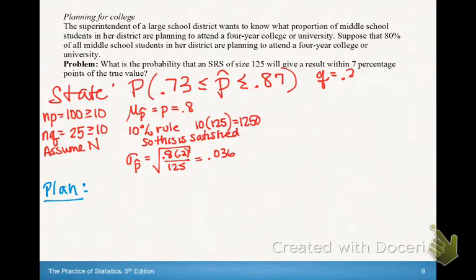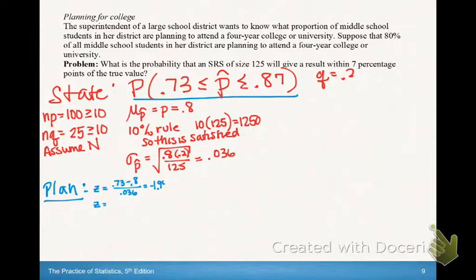Because we have this probability that we're trying to find, we're going to convert them to z-scores because we can assume that this is normal. So first I'm going to find z, which would be 0.73 minus 0.8 divided by the standard deviation, which gave me negative 1.94.